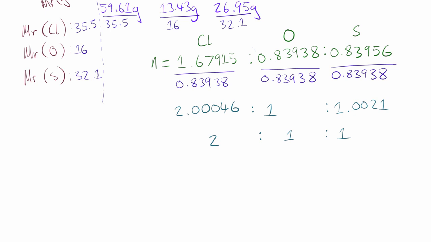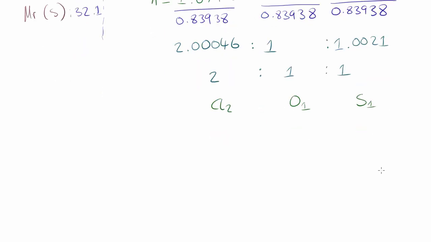Now at this stage, when we look at these numbers, do we have the simplest whole number ratio between these elements? I say yes, we do. On that basis, we can say that associated with the Cl would be a 2, associated with the oxygen would be a 1, and associated with the sulfur would be a 1 also.